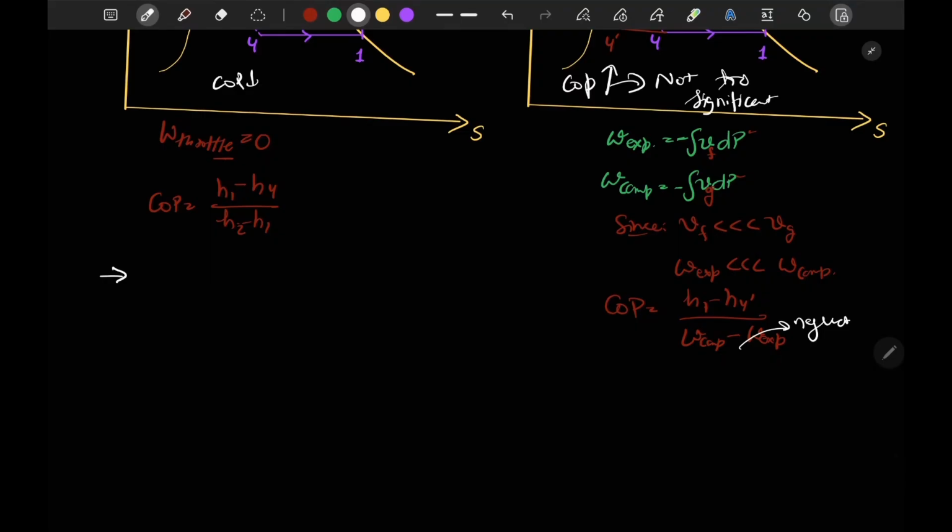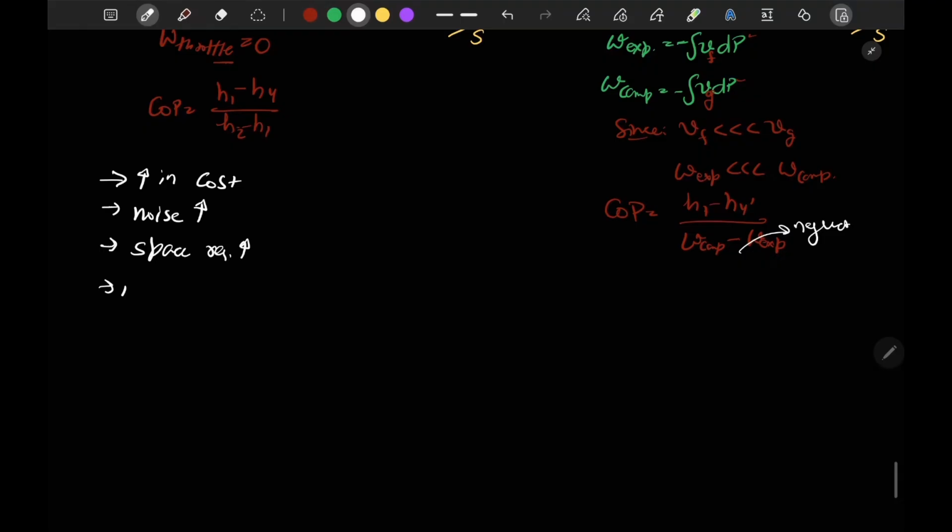In problems we can say that if we install the expander, since an expander is very similar to a compressor, there is an increase in cost. What else? System noise increases. Next, space requirement increases. Next, maintenance increases.